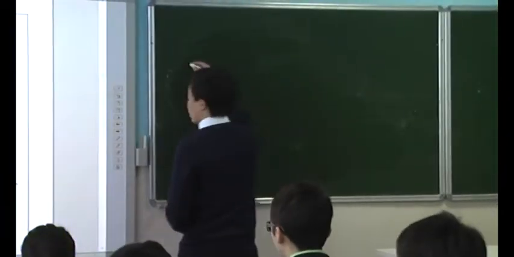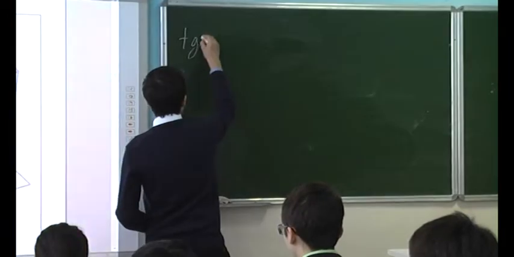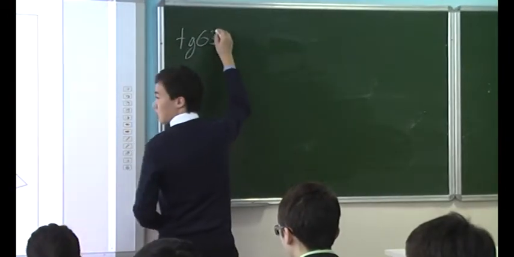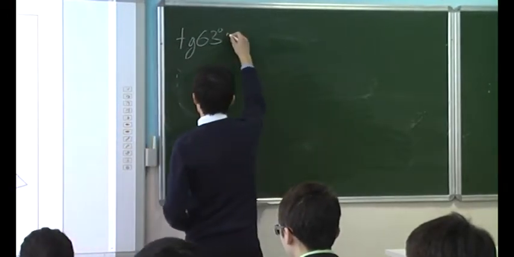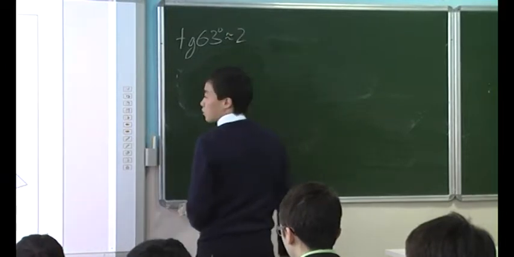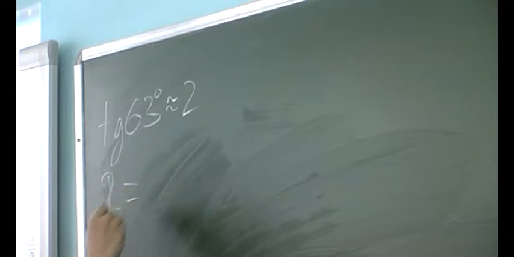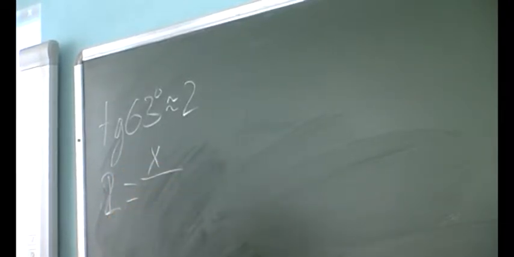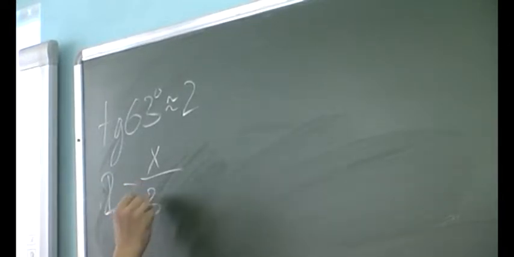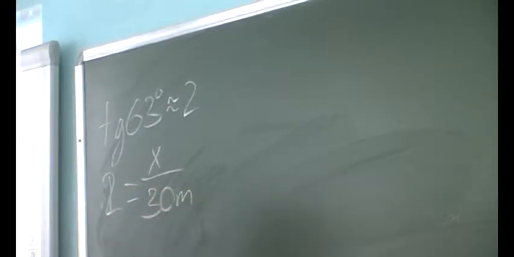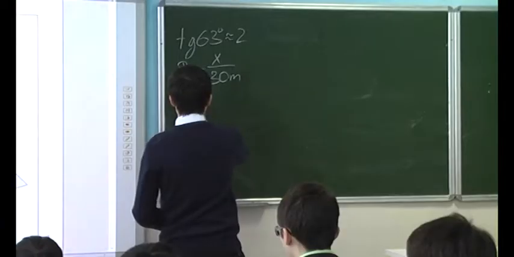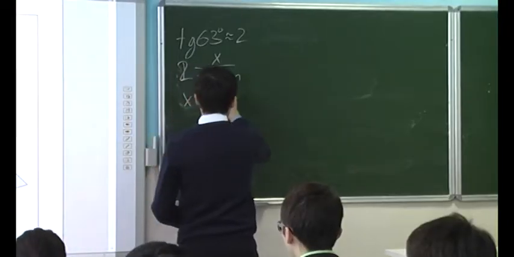Tangent of 63 degrees is approximately 2. So 2 is equal to x, which is the distance, over 30 meters. From here we can know that the distance will be equal to 60 meters.